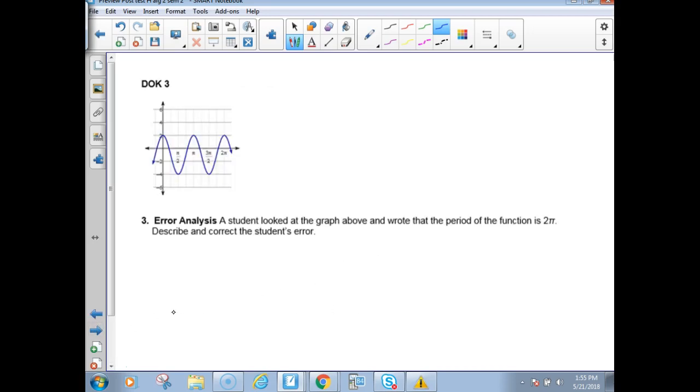All right, error analysis. A student looked at the graph above and wrote that the period of the function is 2 pi. Describe and correct the student's error. Well, they looked at two cycles instead of one.